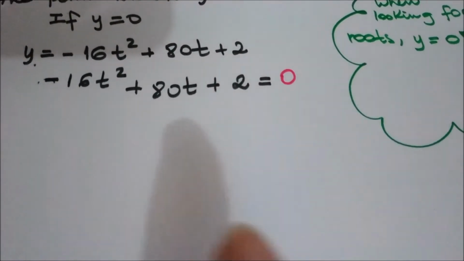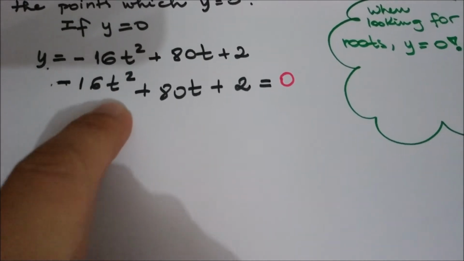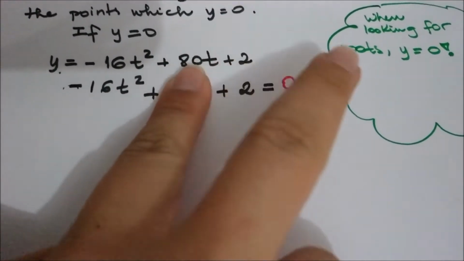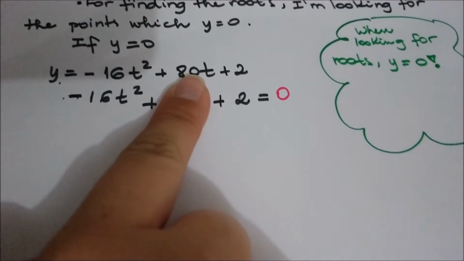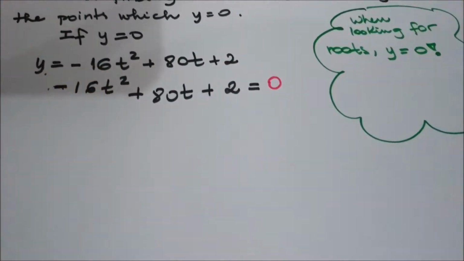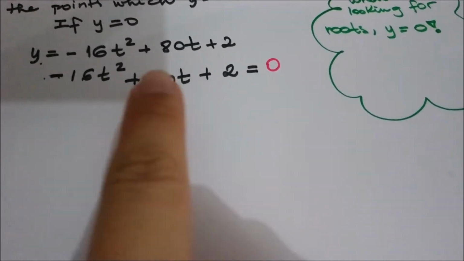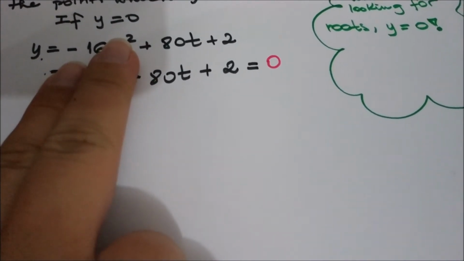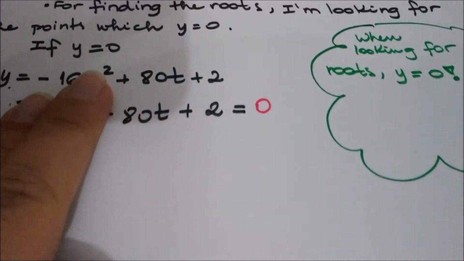You don't know what to do, because if there was just this t squared and this t wasn't here, you would put the 2 on the other side, you would divide and find the square root. Okay? If you didn't have this, it wouldn't be a parabola, it would be a straight line, and you also know how to solve it.